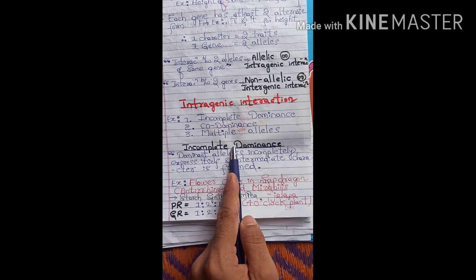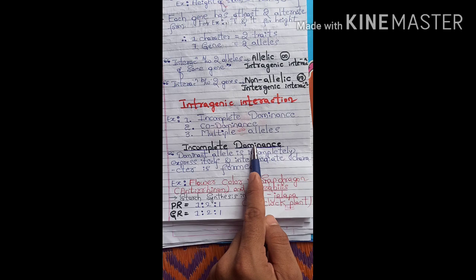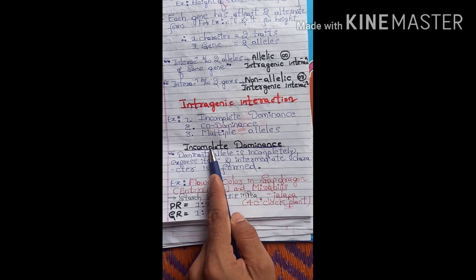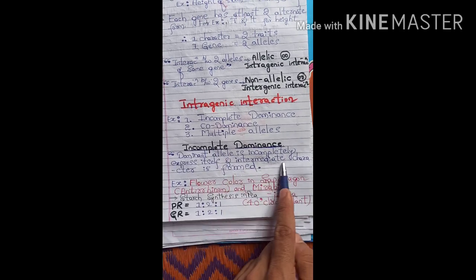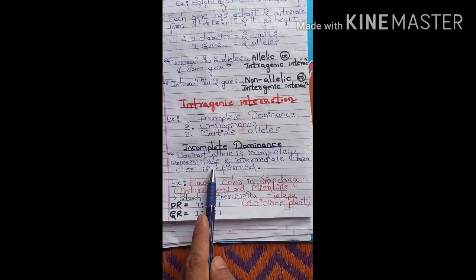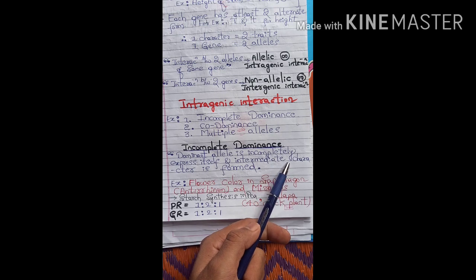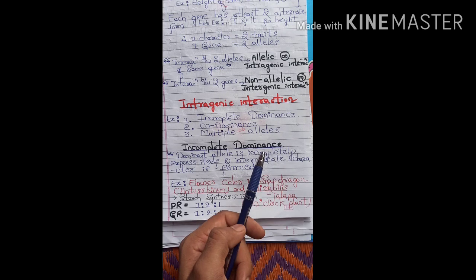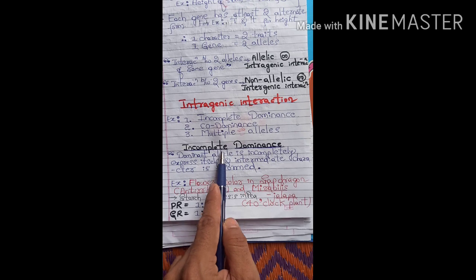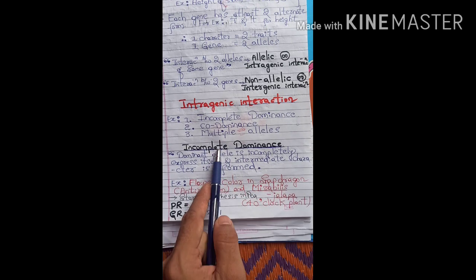So you have to simply remember: incomplete, as the name indicates, a dominant allele is incompletely expressed and an intermediate character is formed. And if you look at the ratio, we know that in the monohybrid cross the phenotypic ratio is 3:1 and the genotypic ratio is 1:2:1.